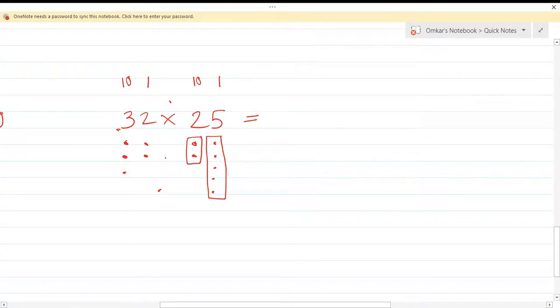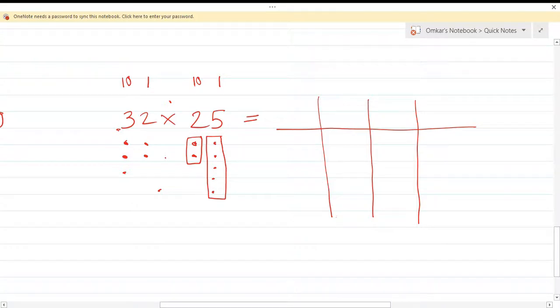Okay, then we have here four columns. Why four columns? Because we have in total four digits. This is simple logic. Not necessarily always will we use all four columns. Sometimes one or two columns will be empty, the beginning one or two, but still we will draw all the columns.